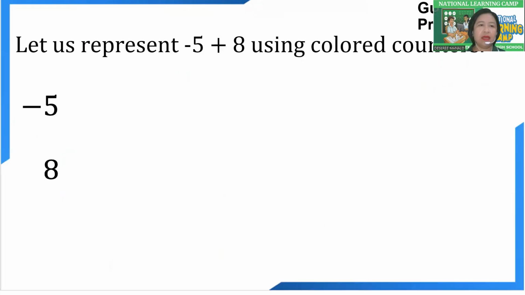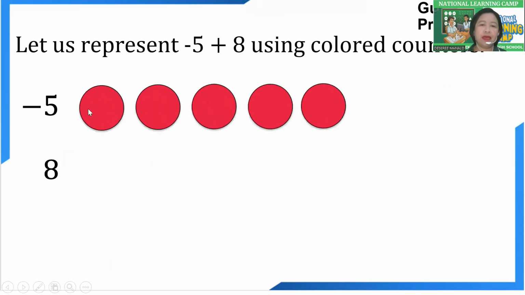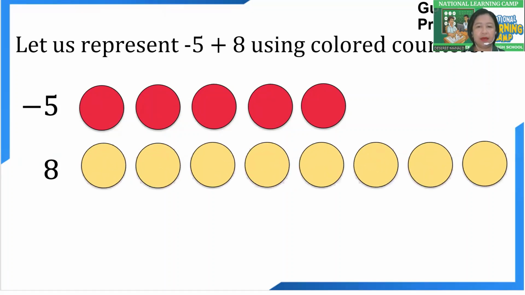Next, let us represent negative 5 plus 8 using colored counters. Okay, so it's negative 5. As we know, we have 5 negative colored counters, so 5 red counters. For positive 8, we have 8 yellow counters.